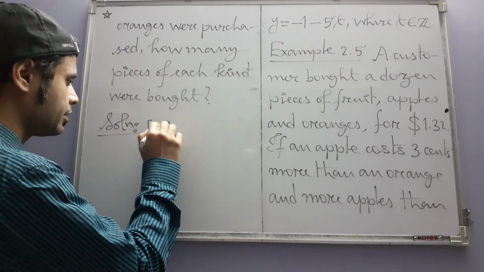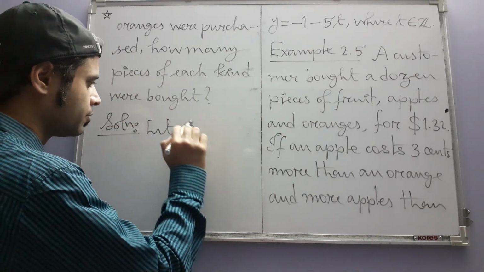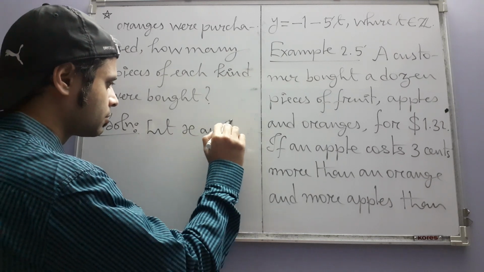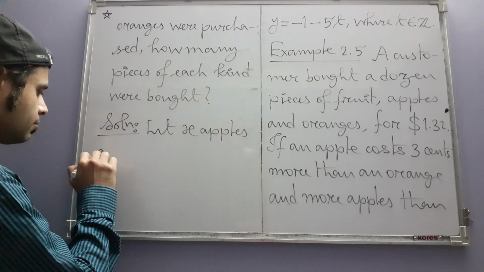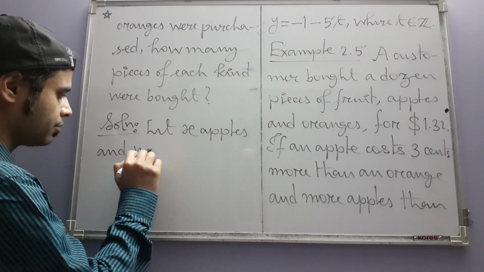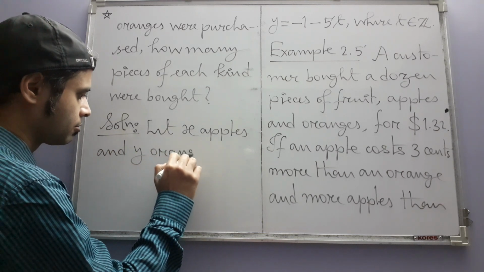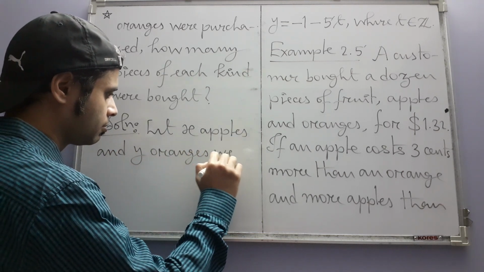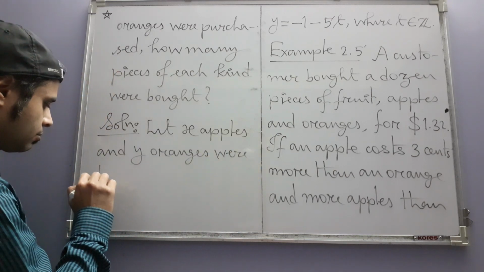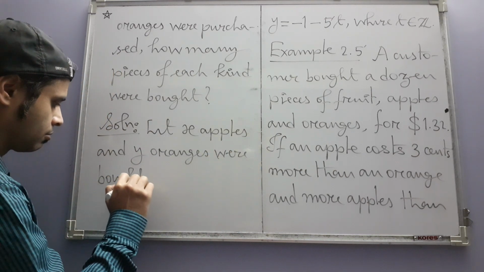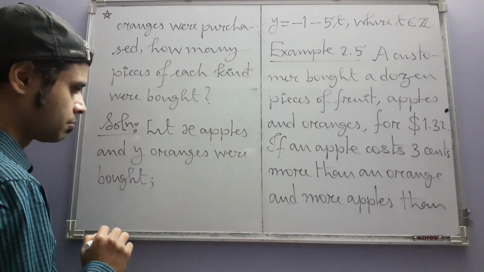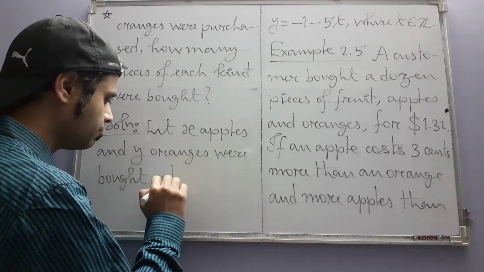So let me just at least write, let x apples and y oranges were bought. Okay, so these are two variables.